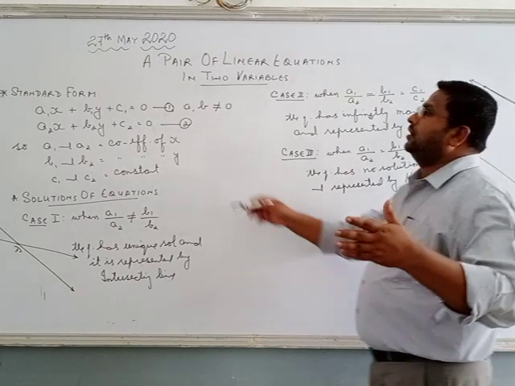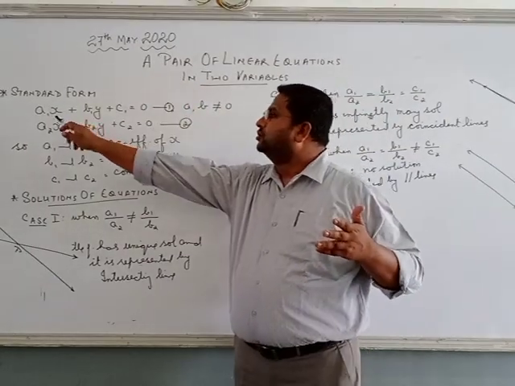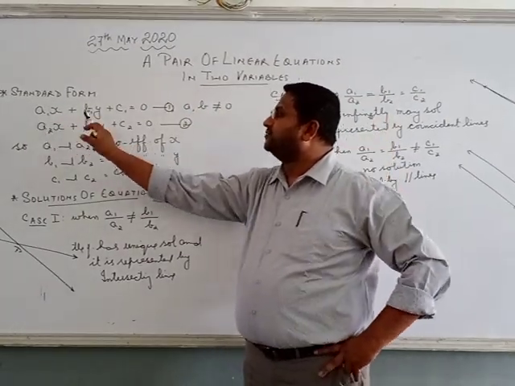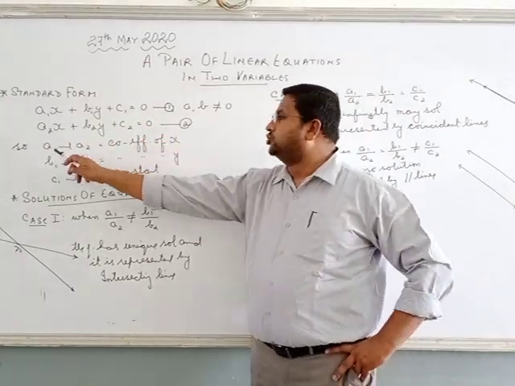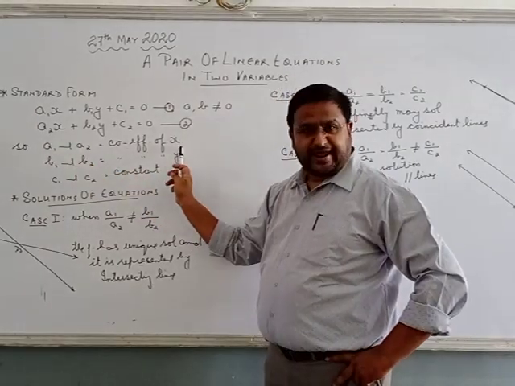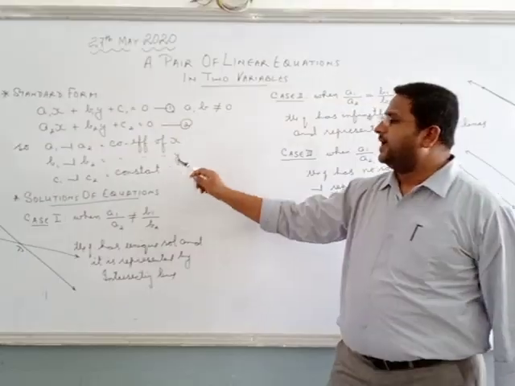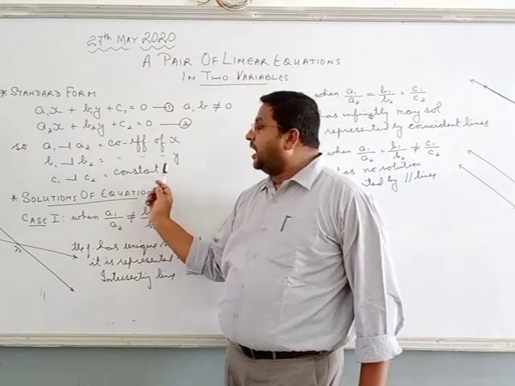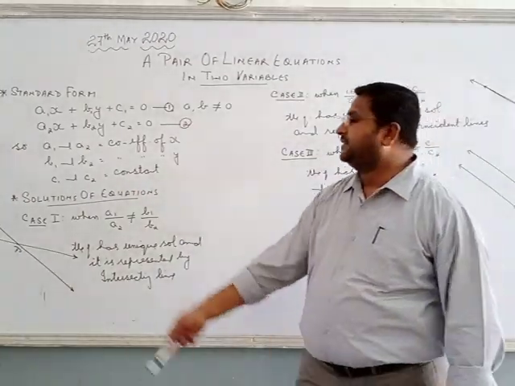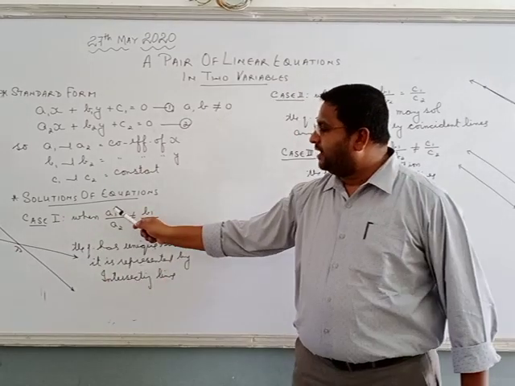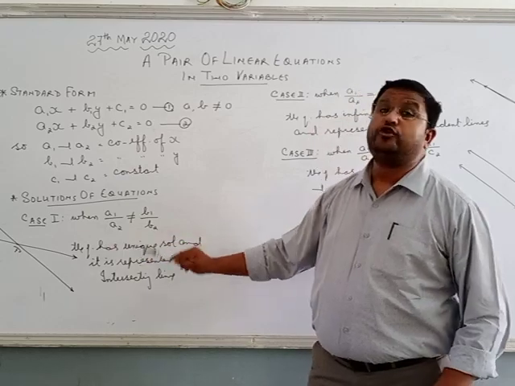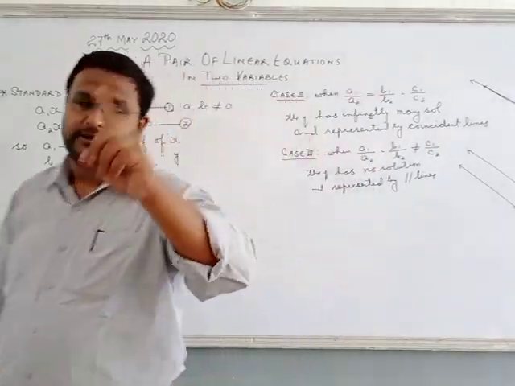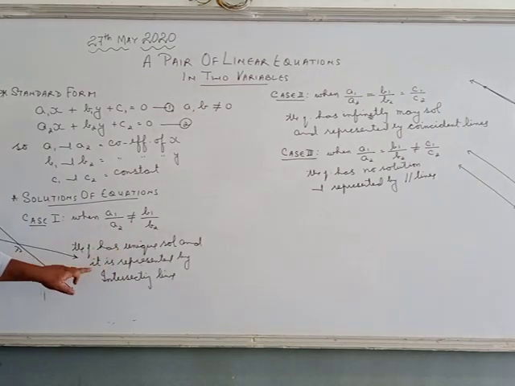So let us recall a pair of linear equations. Pair means two. So the two standard forms of linear equation: a1x plus b1y plus c1 equals 0, a2x plus b2y plus c2 equals 0, where a1 and a2 are coefficients of x, b1 and b2 are coefficients of y, c1 and c2 are constants. How do we find the solution? That we will be discussing, but there are cases. Case first, when a1 upon a2 is not equal to b1 upon b2, the equation has a unique solution. Unique means one and only one solution. It is represented by intersecting lines, as in this case.